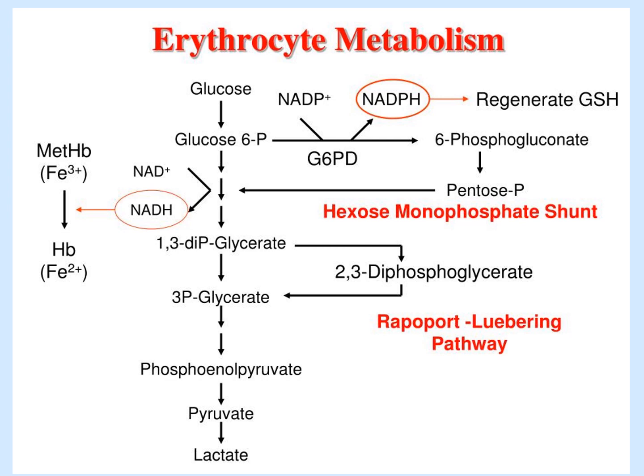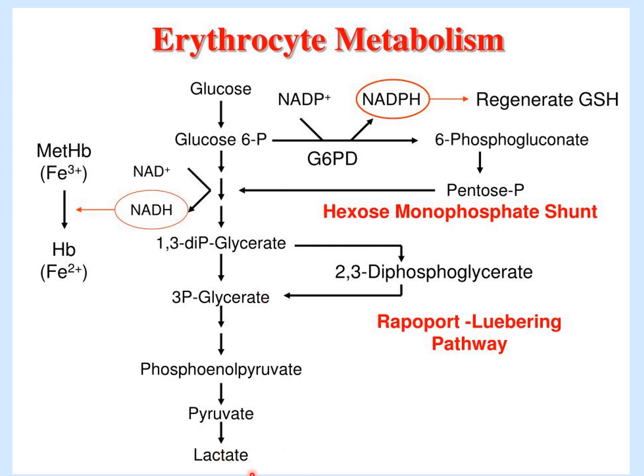This slide illustrates specificities of metabolism in erythrocytes. First of all, glucose is the main source of energy, and glucose is catabolized in anaerobic conditions. And here you can find the schematic illustration of anaerobic glycolysis.